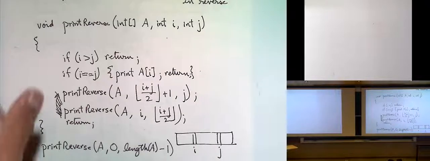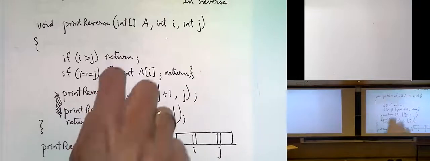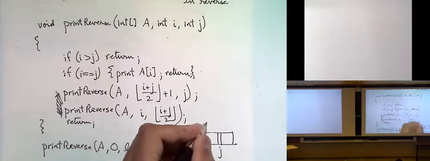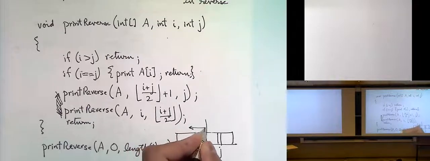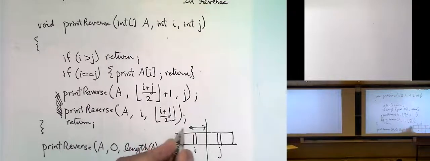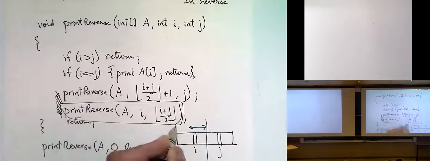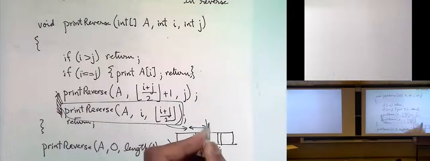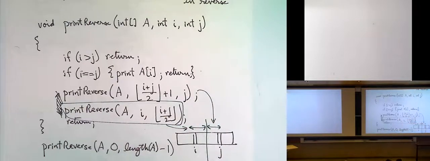And the way it does that is it makes two recursive calls. So the way to think of what's happening here is that it's splitting the array in half. This part over here, the first half, is linked to that call. And the second half is linked to the first call.